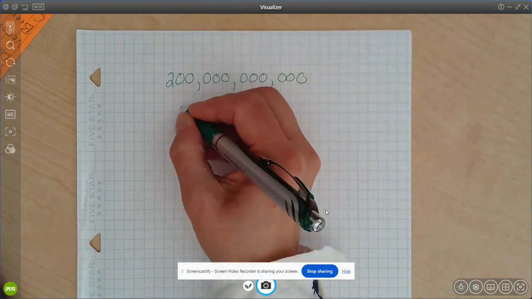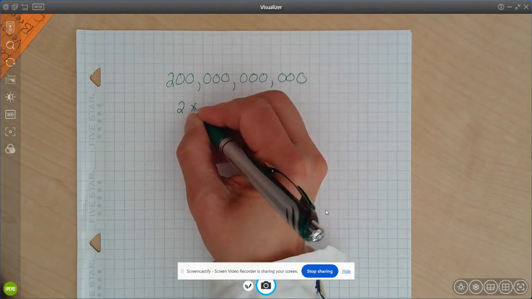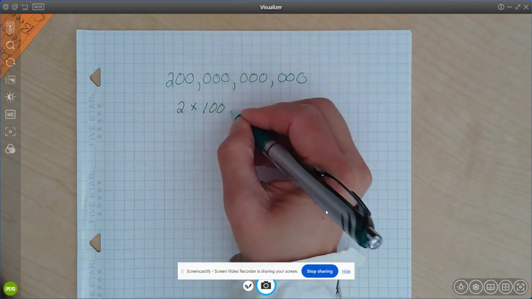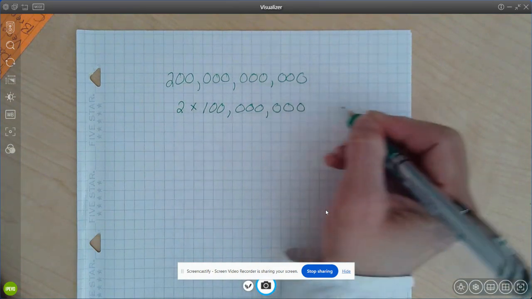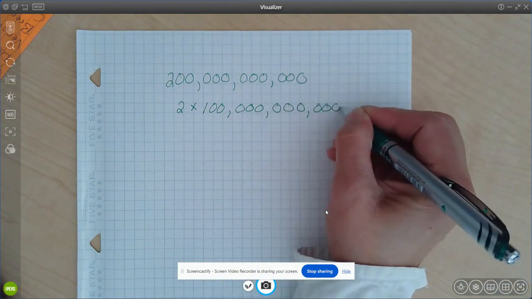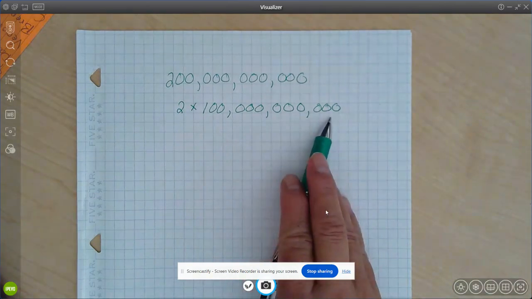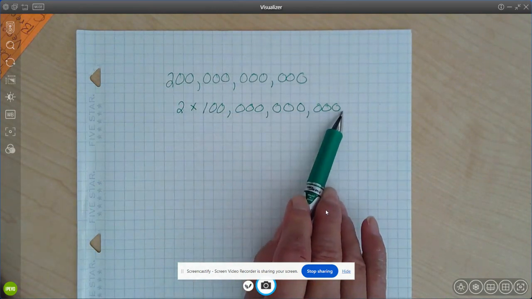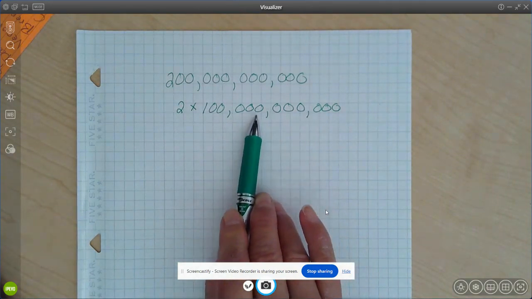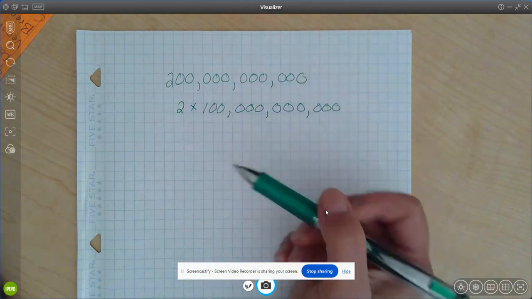This is the same thing as 2 times this ginormous number. And this large number can be written as 10 and an exponent. So what I'm going to do is I'm going to count the zeros. There's 3, 6, 9, 10, 11 zeros.